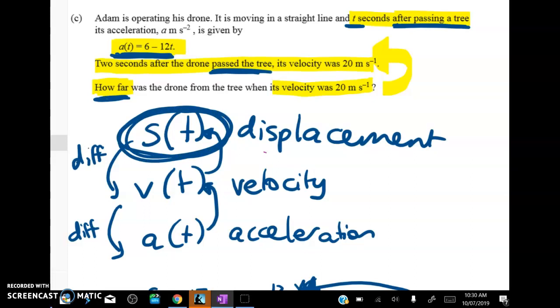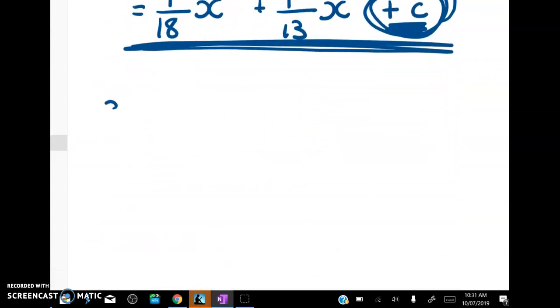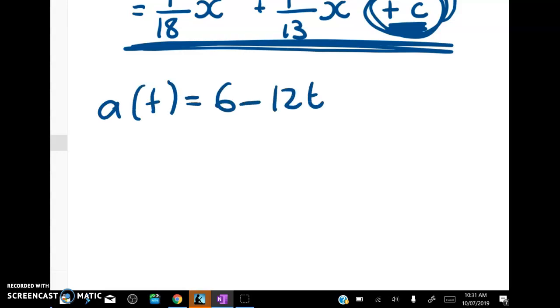The first thing we're going to do is we've got acceleration and we're going to get a function for velocity. And we know that v of 2 is equal to 20, because this says 2 seconds after the drone passed the tree, its velocity was 20. So let's get into it down here. We'll start by writing a of t is equal to 6 minus 12t.